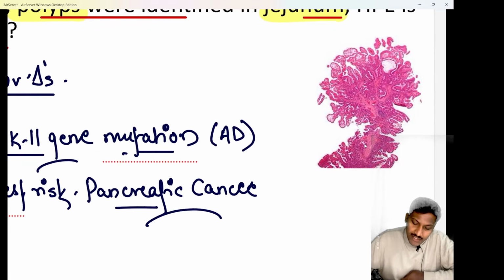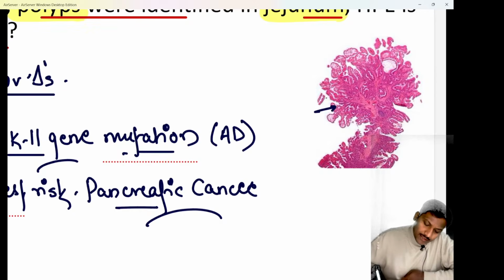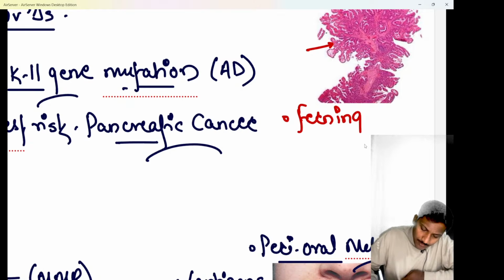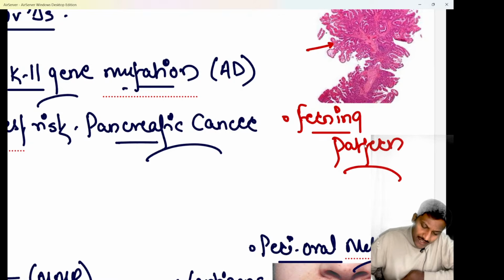You can see finger-like projections are seen, beta, and this pattern is classically known as the filigree pattern or the ferning pattern, whatever you want to call it. So do remember, this pattern which you are able to see of the polyp on histopath is classically known as the ferning pattern, arborizing pattern, filigree pattern, whatever you call it.